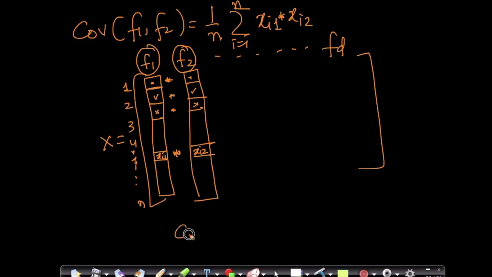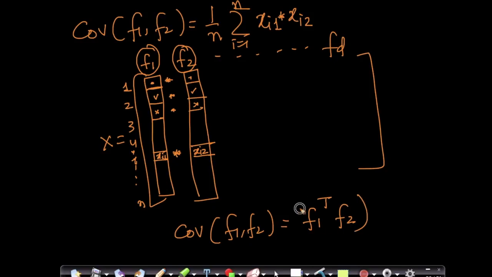So I can write that my covariance between f1 and f2 is f1 transpose f2 multiplied by 1 by n. Because what is f1 transpose f2? What is f1 transpose? Basically, instead of a column vector, I'll make this a row vector. I'll take this vector here, convert it into a row vector and multiply with this column vector.